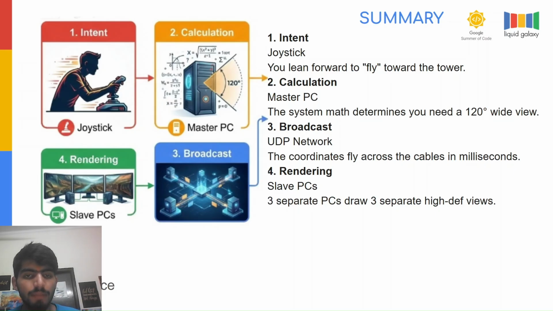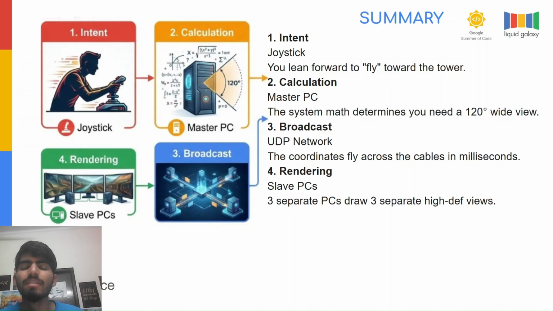And as we can see, moving forward, comes the broadcast. So now the master will make a view sync, basically a bundle of information of what the offset will be and what coordinates will be shown. All of this will be bundled by the master, and the master will be broadcasting it.